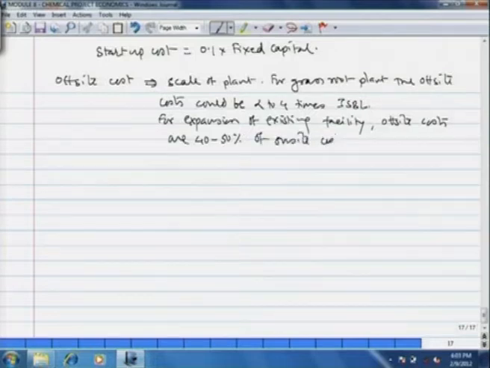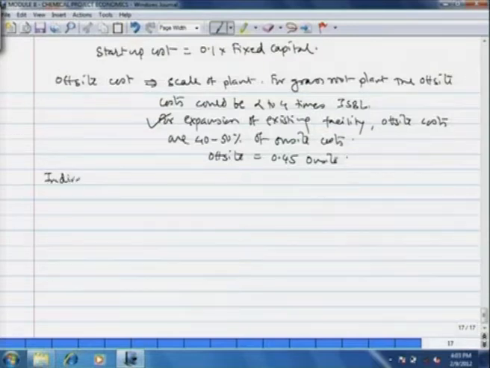And therefore, we take the offsite cost. We are developing a simple model for expansion of existing facility, and therefore, we take offsite cost as 0.45 times the on-site cost. Okay. Now, let us see the indirect cost.